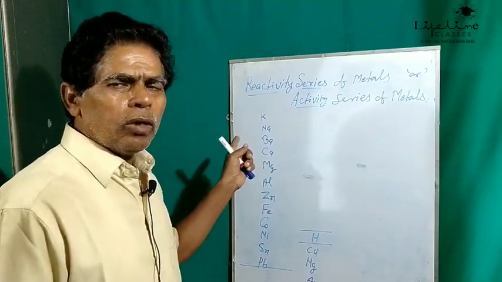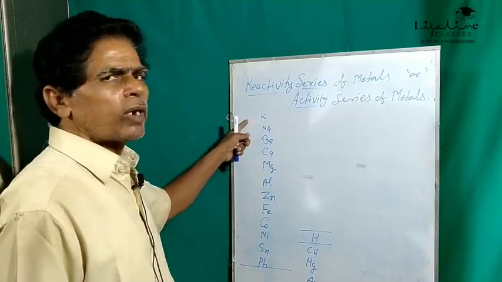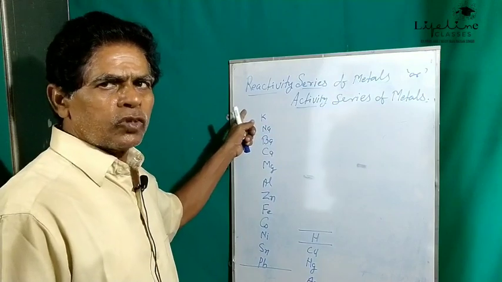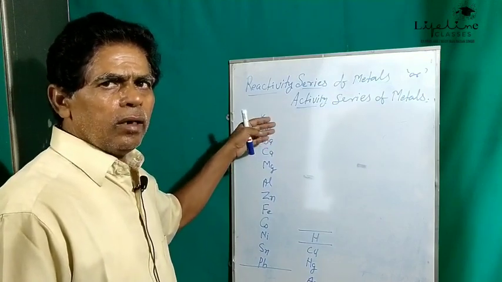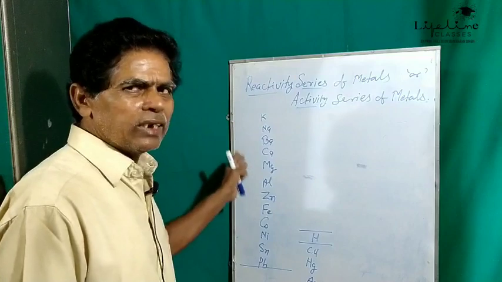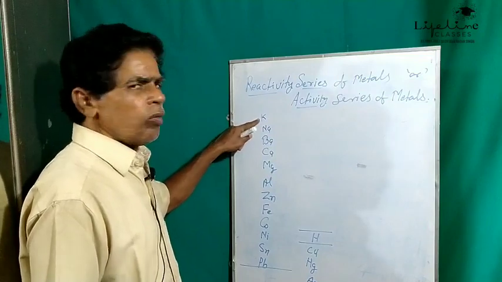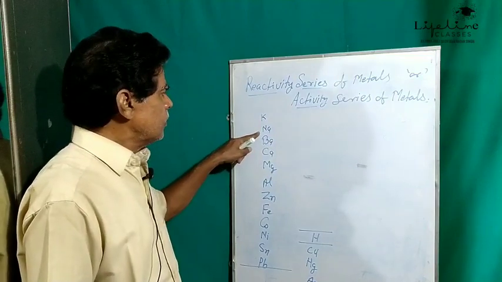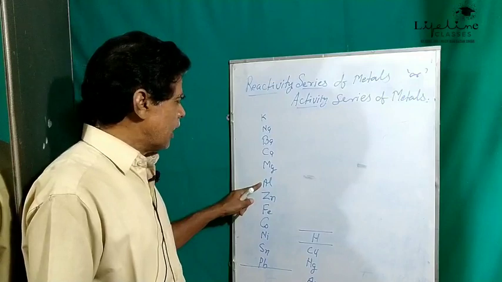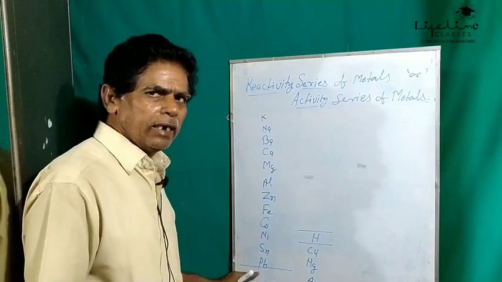So, among the various common metals, the most reactive metal, potassium, is placed at the top of this series, and below potassium, other metals are arranged in the following sequence: just below potassium there is sodium, below sodium barium, then calcium, magnesium, aluminum, zinc, iron, cobalt, nickel, tin and lead.